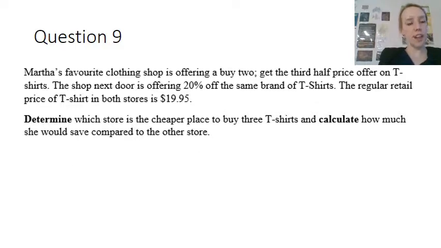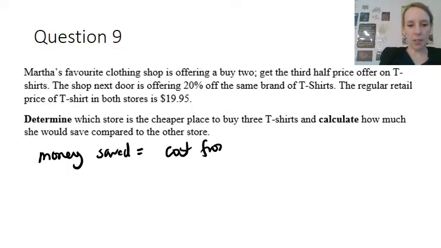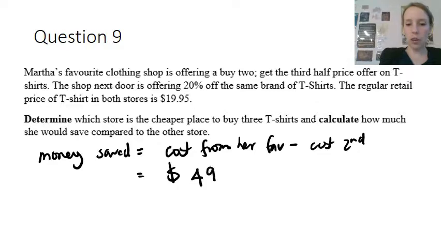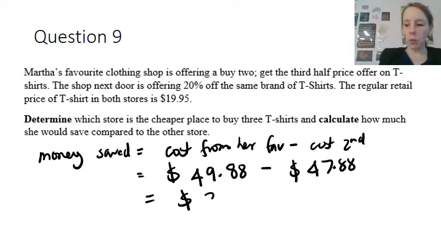Okay, let's start again. Not the cost, the money she saves. Third time lucky. So the money saved is the cost from her favourite, which was the more expensive, minus the cost from their second store, which is the cheaper one. So the cost from her favourite store was $49.88, and from the second store it was $47.88. So that means her favourite store was $3. No, yep.